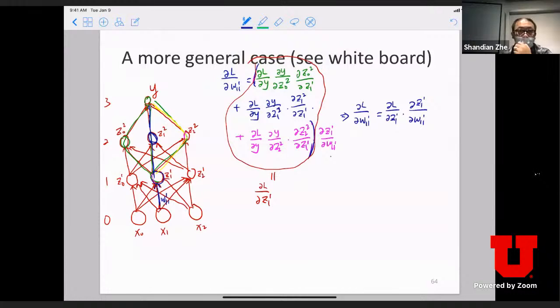So now, suppose I want to compute another edge weight, which also connects to Z11. Say the edge which connects X2 to Z11. The edge weight here will be denoted as W211. How do we compute partial L over partial W211?